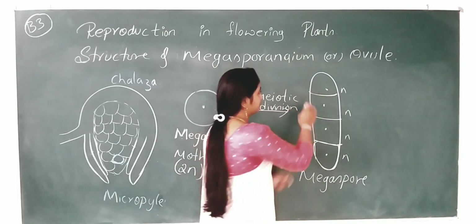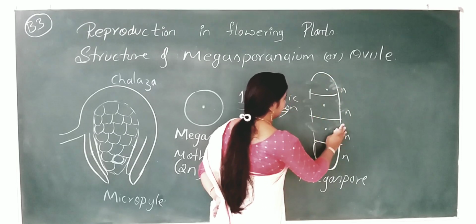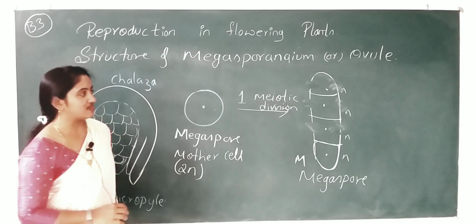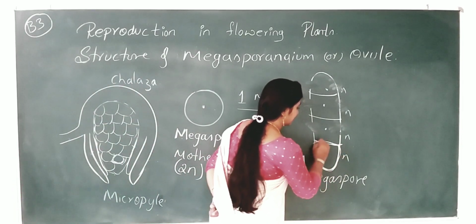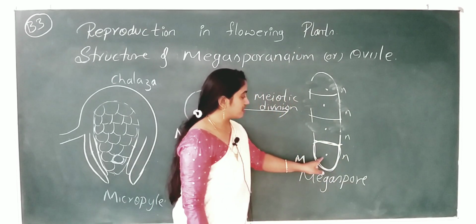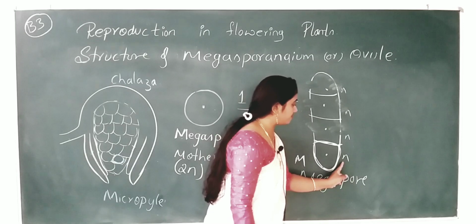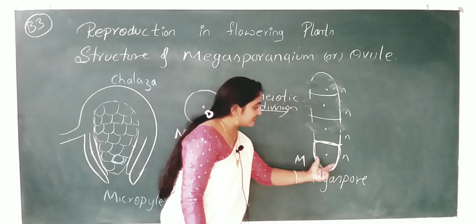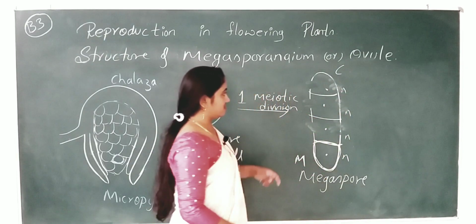All these 3 disintegrate, or vanish off. Only this one remains as it is. This is known as a megaspore, having a haploid condition. This is the micropylar end, and this is the chalazal end.